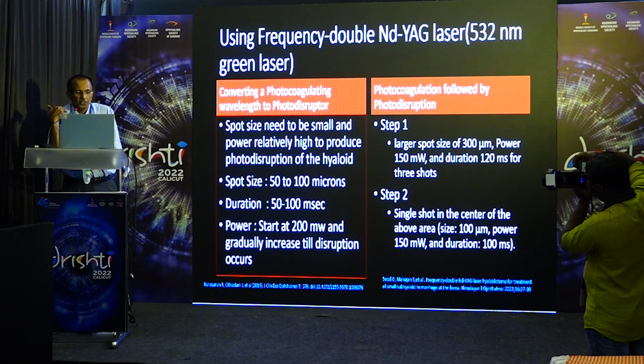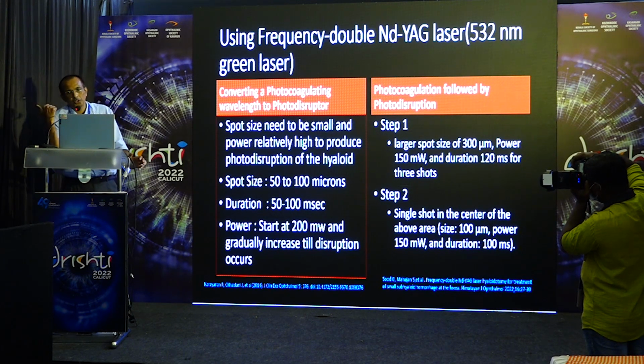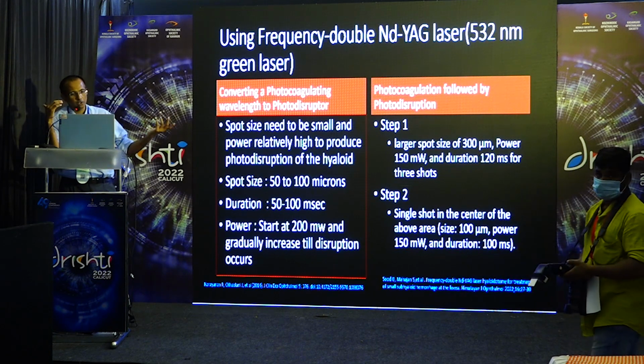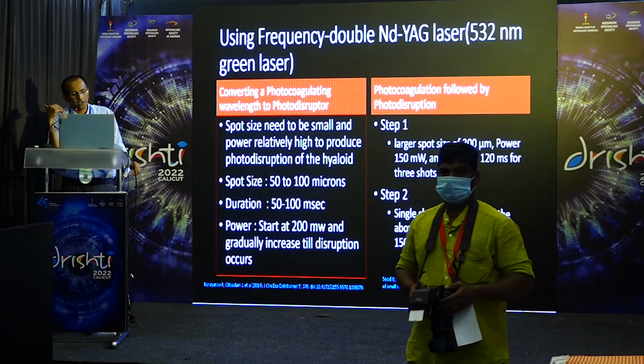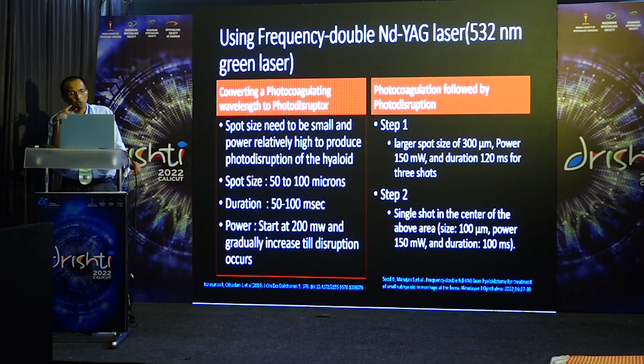Now, another option, which is what we generally prefer, usually due to logistics, because we generally don't have the YAG laser in our retina clinic, so we use what we have readily there, a double frequency Nd:YAG laser, the 532 nanometer laser. This is a photocoagulative laser, but there is a method by which it is changed into a photodisruptive wavelength.